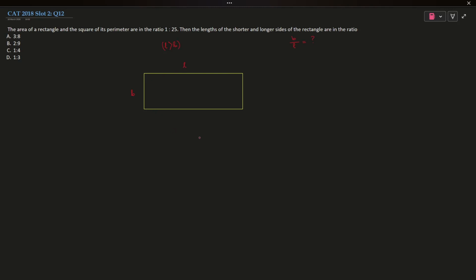We are told that the area is length into breadth, and the square of its perimeter. What is the perimeter of a rectangle? 2 times the sum of length and breadth. And we have to square it, and the ratio is equal to 1 by 25.